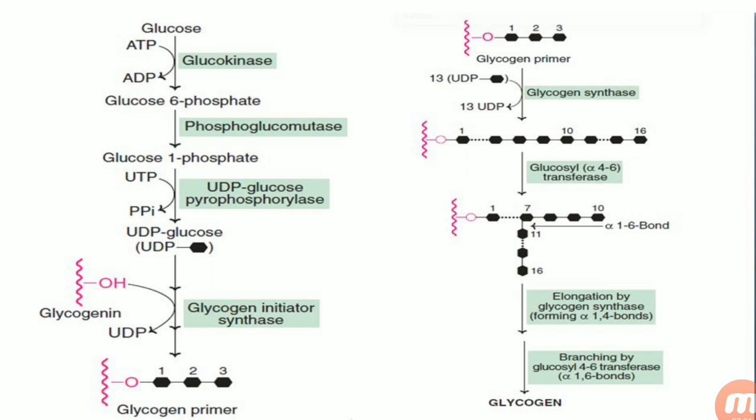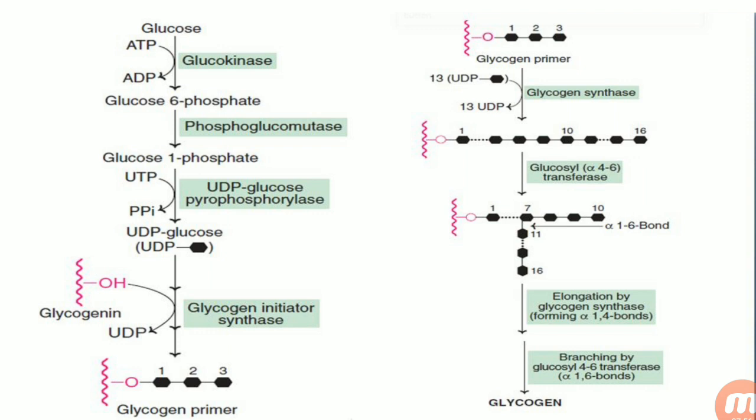After the glycogen primer is ready, with the help of glycogen synthase, we can see that it can form 1,4 glycosidic bonds, and it can form a straight linear chain of the initial portion of a glycogen. But glycogen has a branched structure, so we need some branches.